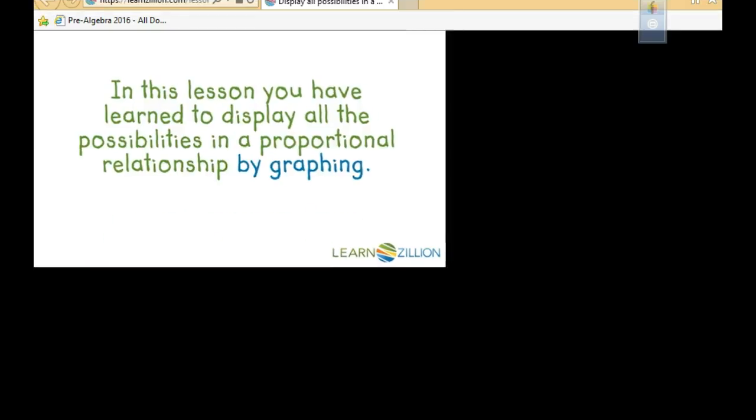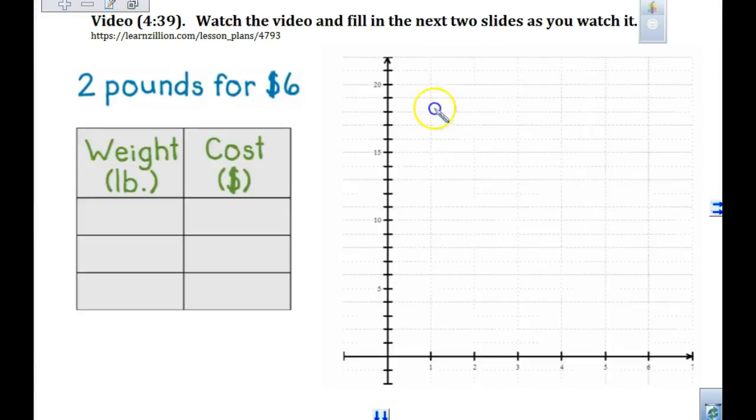So when we are looking at that, you should have had this totally filled in. So if you were telling me your numbers that we should have filled in on this one, you had your 2, 4, and 6, right, back on that page. So I should have 2, 4, and 6. I should have had the cost, which was our 6, 12, and 18.